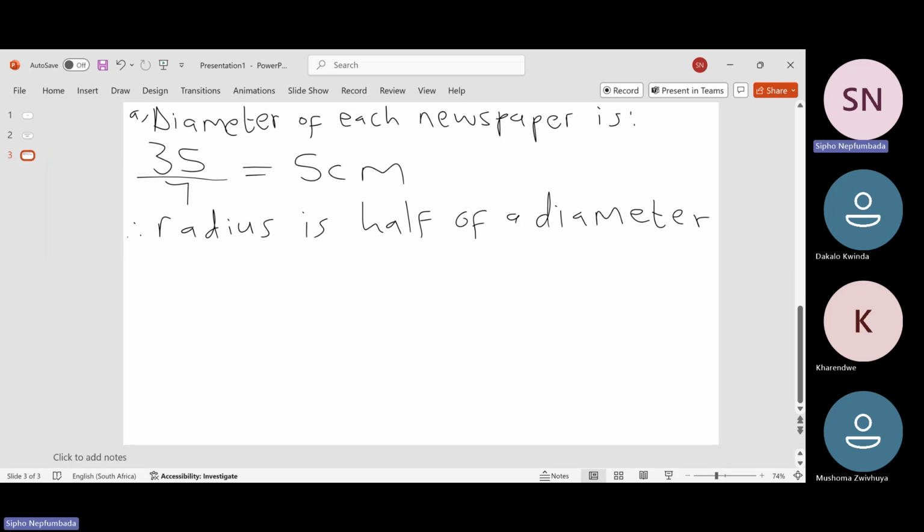So our radius is going to be equal to 5 divided by 2, which is equal to 2,5 centimeters. So as far as we're concerned, that's our radius. We're done. Let's go to the next question.